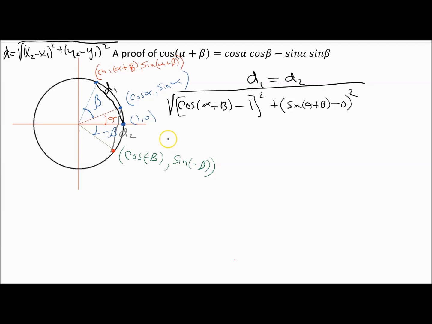Now that's going to require some work. We need to FOIL this out. This is going to be (cosine of alpha plus beta minus 1) times (cosine of alpha plus beta minus 1), plus, now this is minus 0, so that's going to be sine squared of alpha plus beta.